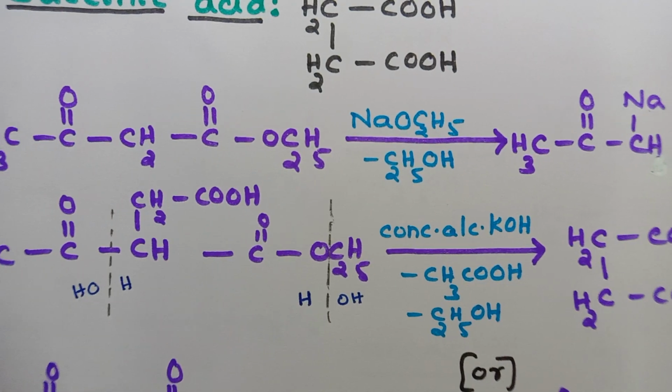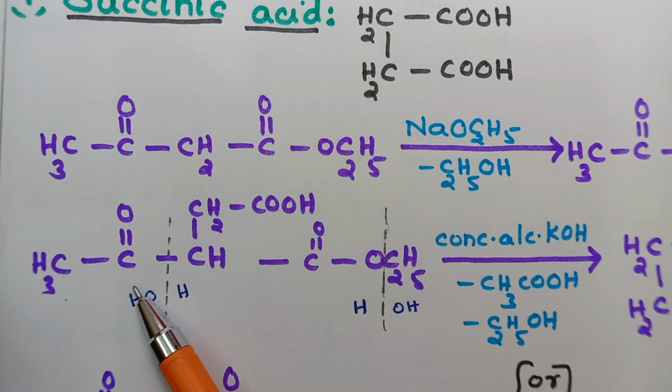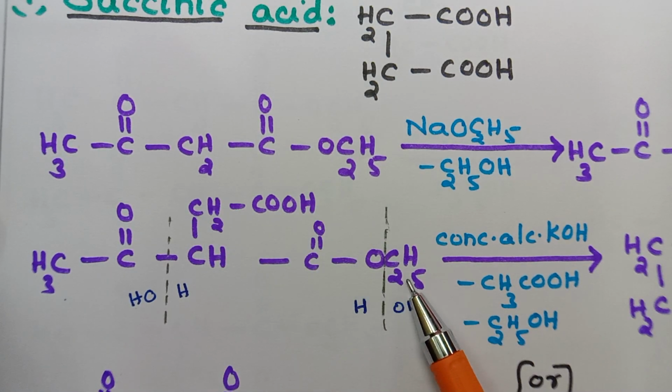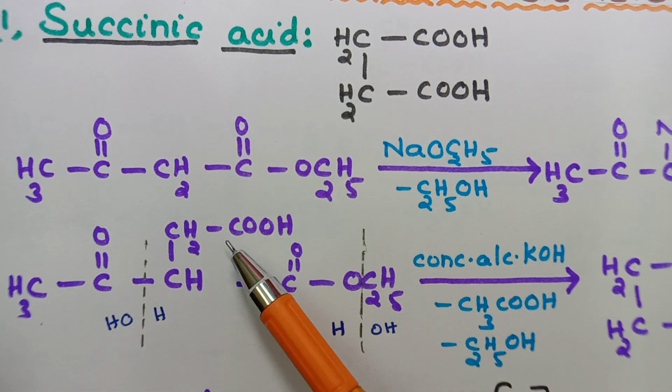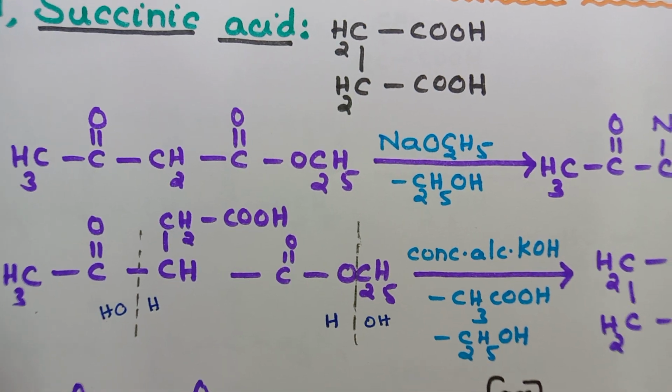The next compound that forms is CH3, C double bond O, CH, CH2COOH, C double bond O, OC2H5. Whichever group is required here, that group is being introduced. Fine. So now we have almost come to the end.